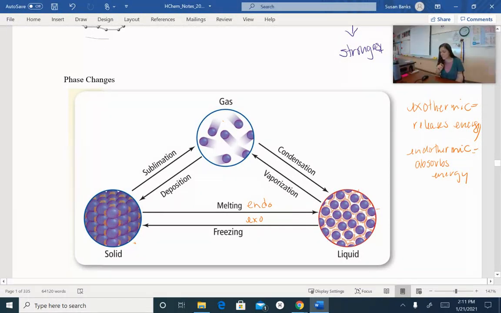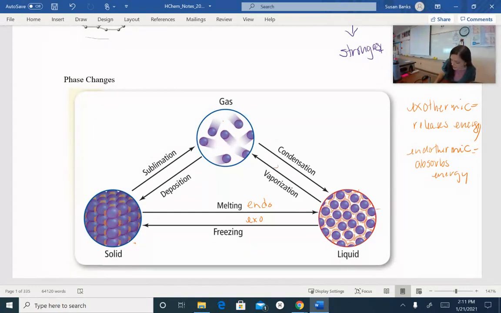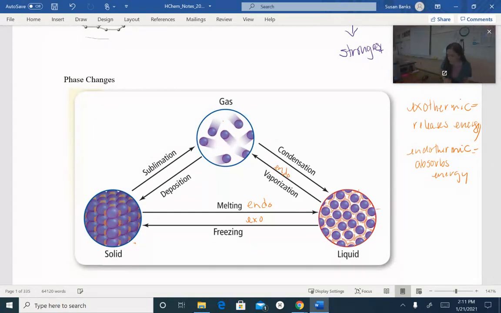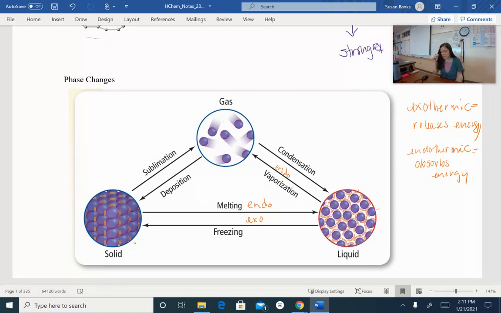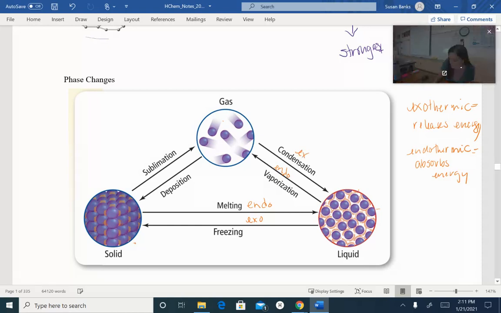So it absorbs energy, so vaporization is an endothermic process. Whereas if we condense something, we've all walked out on the grass in the early morning where the water has condensed on the grass, and it's gone from the water vapor state to the water liquid state by cooling down with the cool night air. So that is an exothermic reaction.